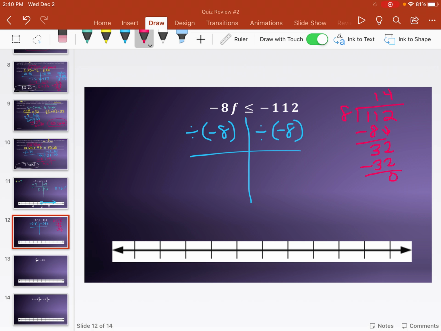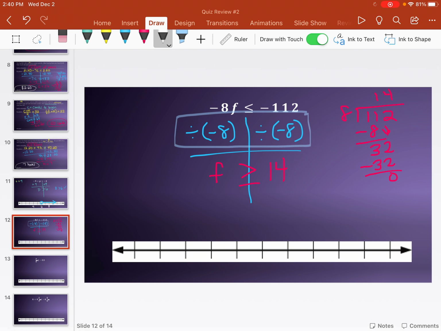It is a negative divided by a negative, which makes it positive. So I have f, I have positive 14. The one trick is here, I am dividing both sides by a negative. Remember, when you divide or multiply both sides of the inequality by a negative, you're going to have to switch your inequality sign. So instead of a less than or equal to sign, it's going to be a greater than or equal to sign.